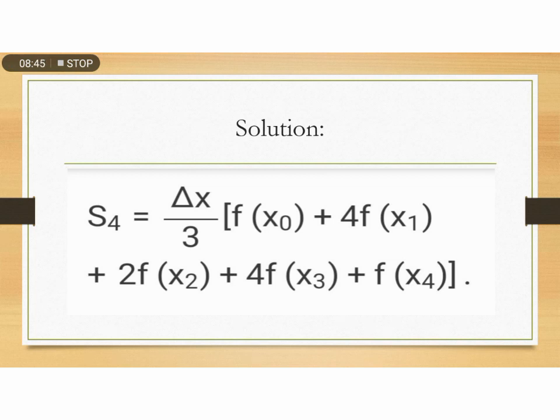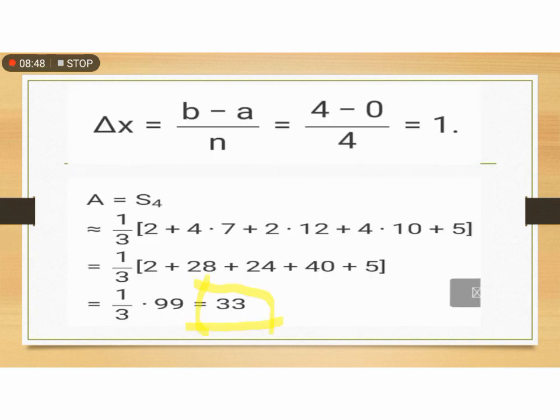The width of the interval is (b minus a) over n, which equals 4 minus 0 over 4.